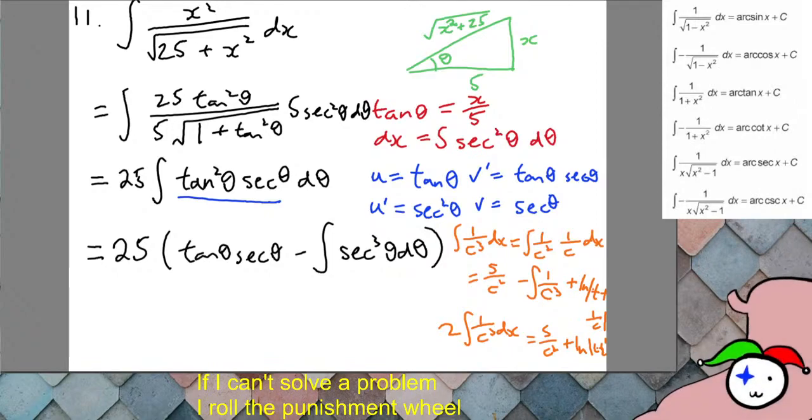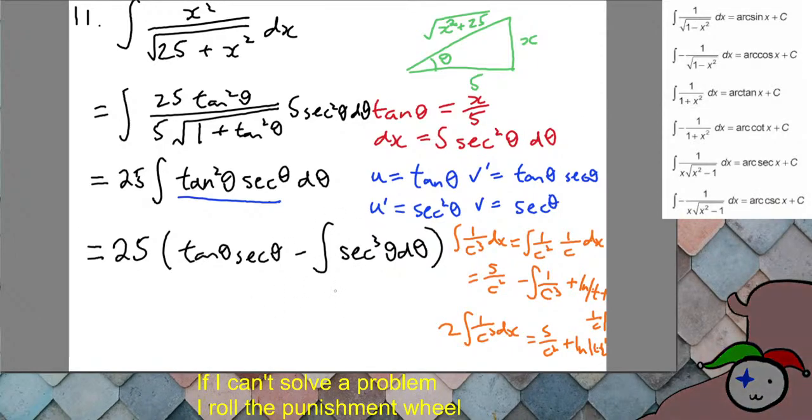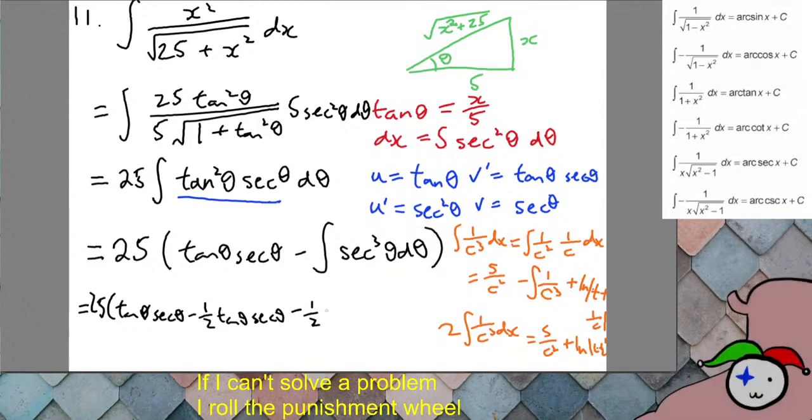Okay. That was a bit complicated. So essentially, this whole thing then becomes 1/2 of, so 25 times tan theta secant theta, and I guess it would be another 1/2 of tan theta secant theta minus 1/2 of the natural log of tan theta plus secant theta.